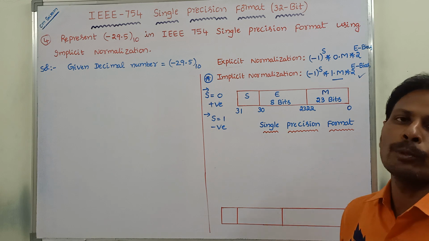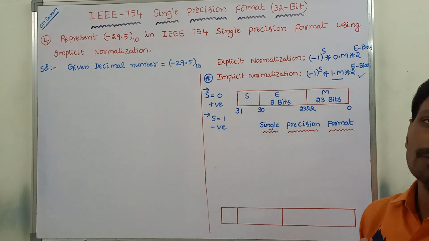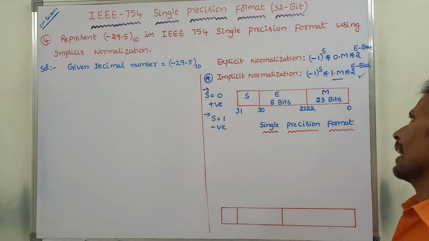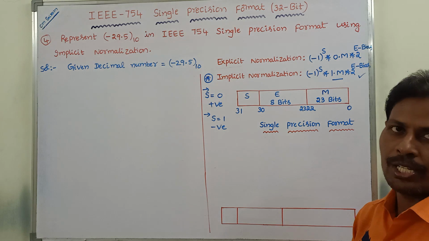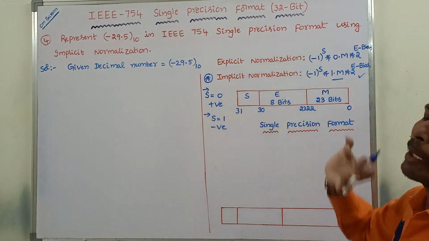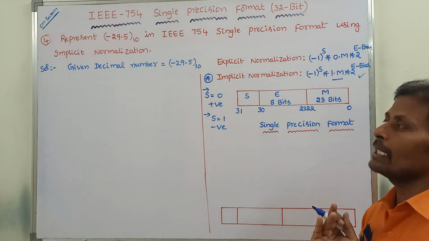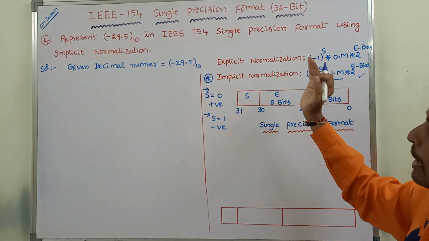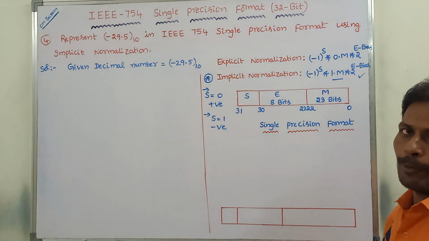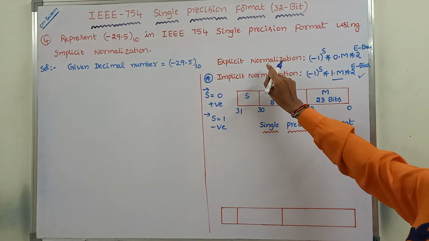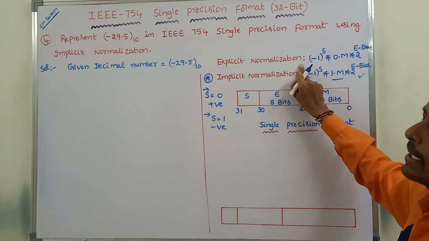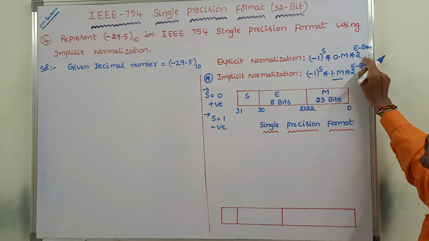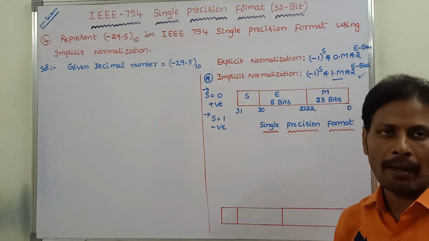Here we have to use two types of normalizations. First one is explicit normalization. Second one is implicit normalization. Among the two, the default one is implicit normalization. The definitions were discussed in the previous videos. The formula for explicit normalization is (-1)^S into 0.M into 2^(E minus bias).